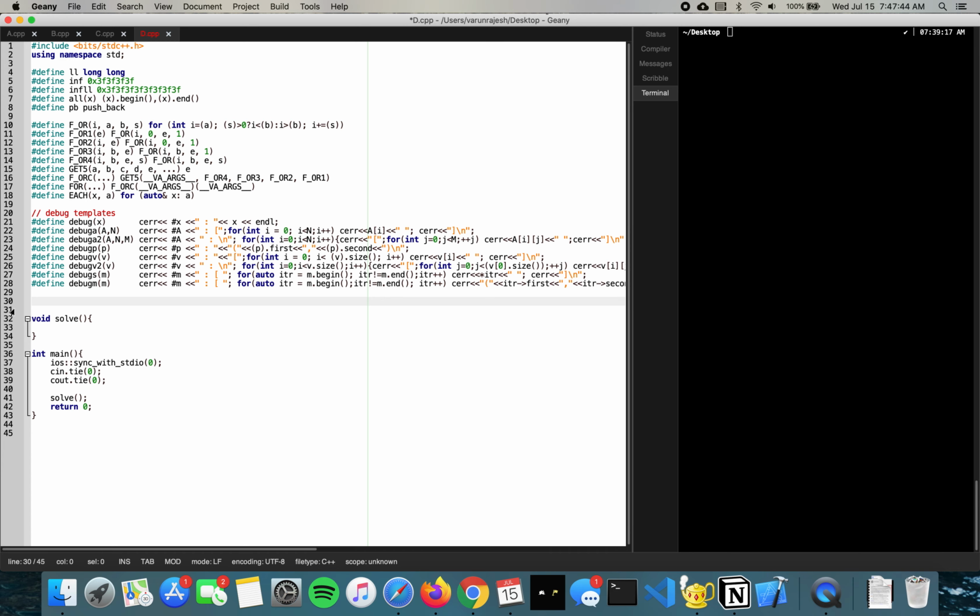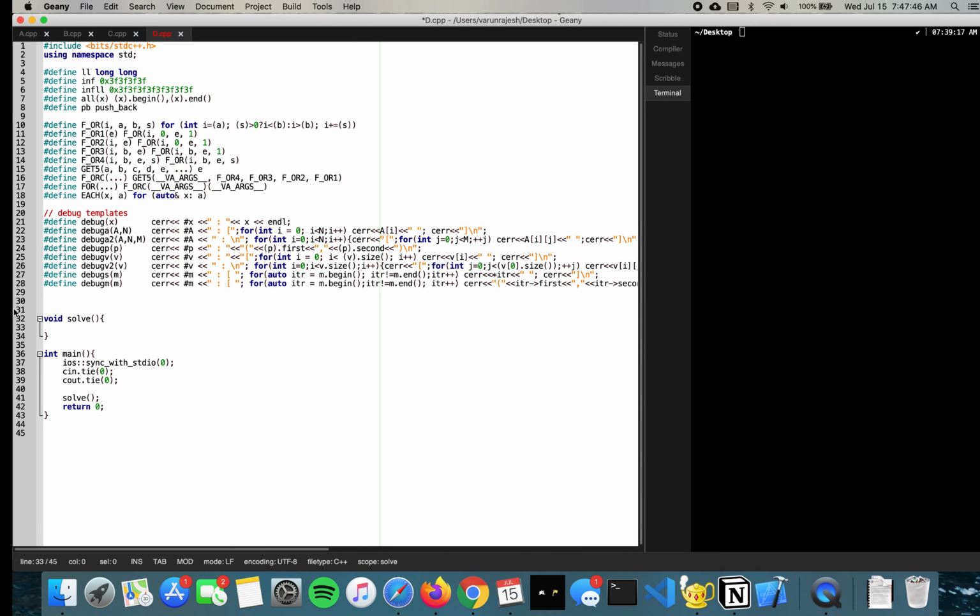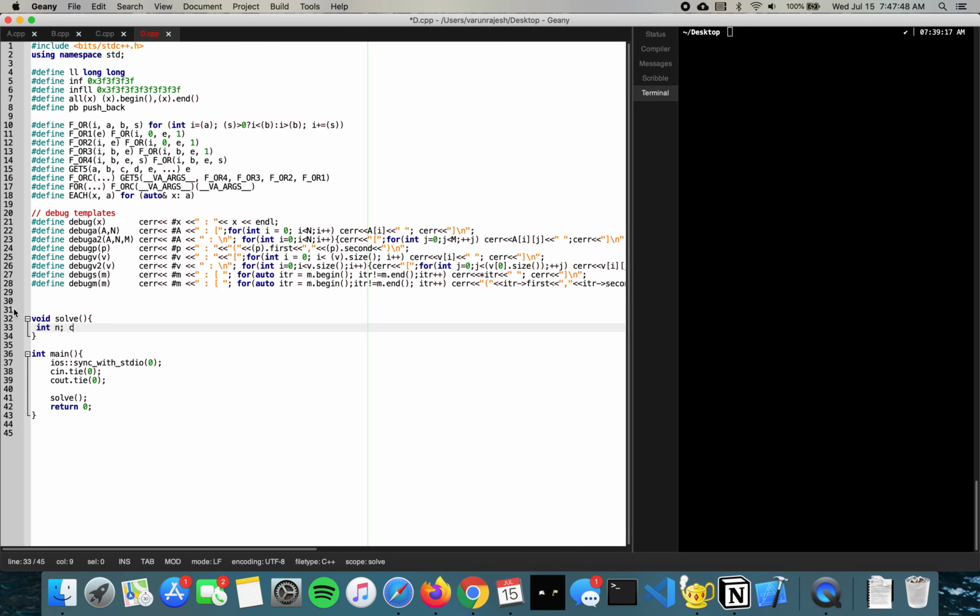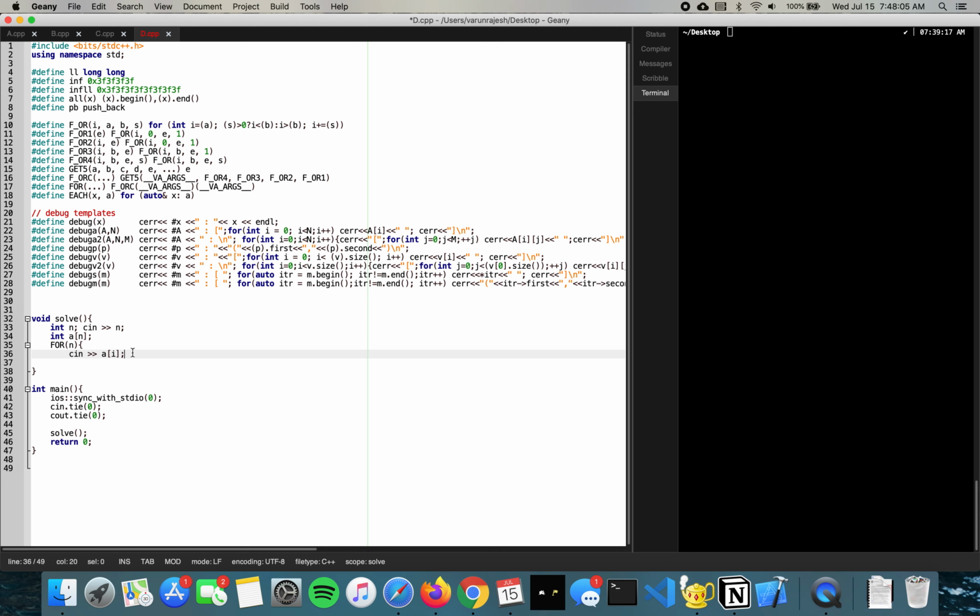So how do you do this? We're given n, we have a list, and now we input the elements in the list. And while we input the numbers, we can do two things.